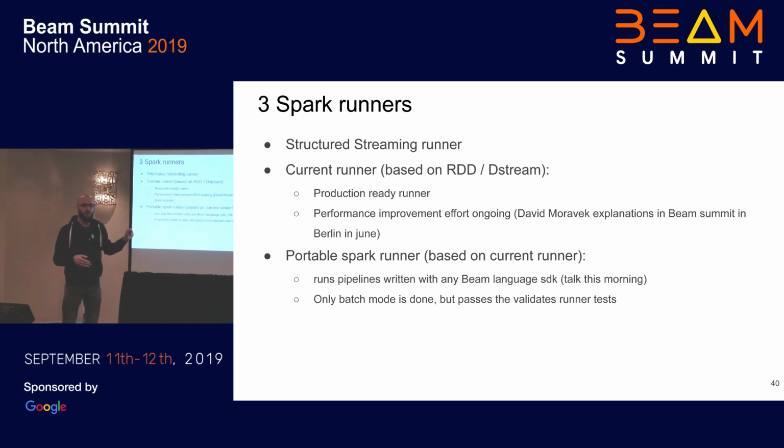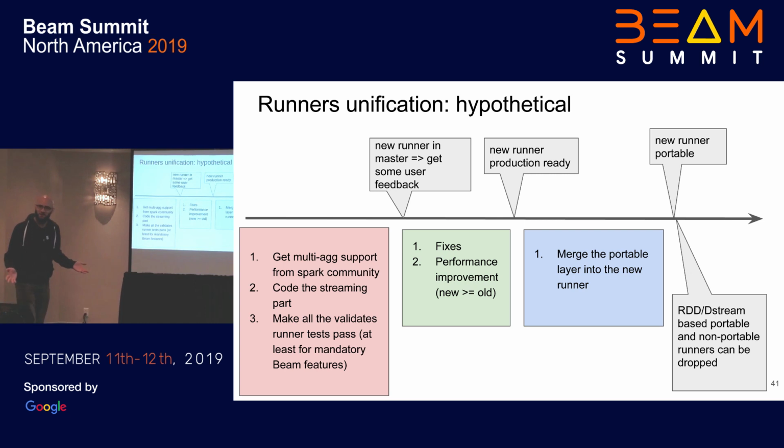Right now, like it was said in the previous talk by Max and Thomas, it is only batch mode, and it's almost complete in features, and it can run any Beam language SDK on Spark. So here comes the big question. We have 3 runners. How do we unify them? That's a very hypothetical plan of mine, right?